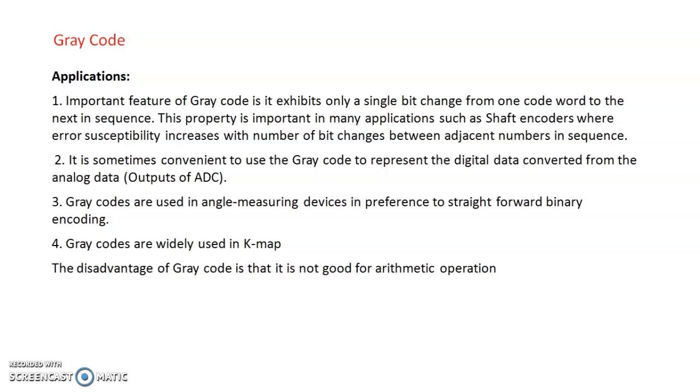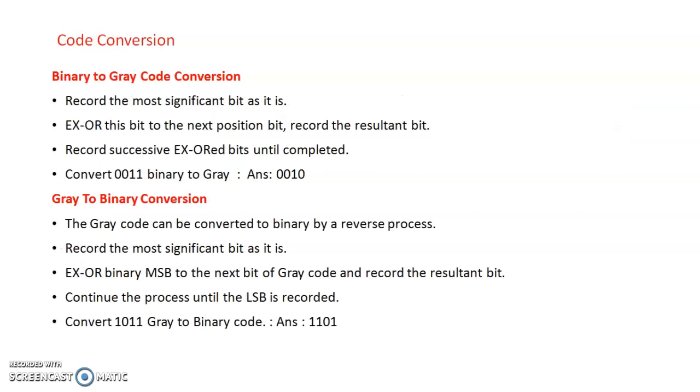It is sometimes convenient to use gray code to represent digital data converted from analog data, or the output of an analog to digital converter. Gray codes are used in angle measuring devices in preference to straightforward binary coding. It is also used in K-maps.